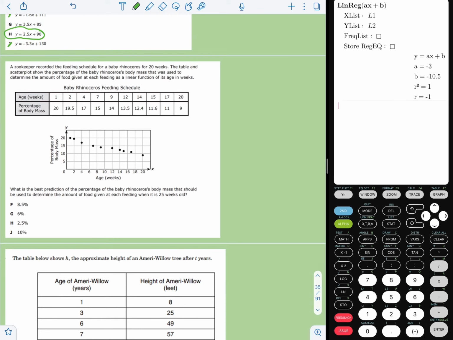All right, so age is going to be our X, percentage of body mass, Y. The question is, what is the best prediction of the percentage of baby rhinos' body mass that should be used to determine the amount of food given at each feeding when it is 25 weeks? So basically, what happens when X is 25? What's Y? That's the question.